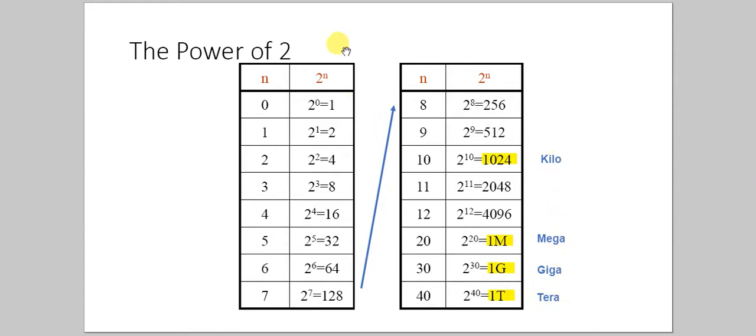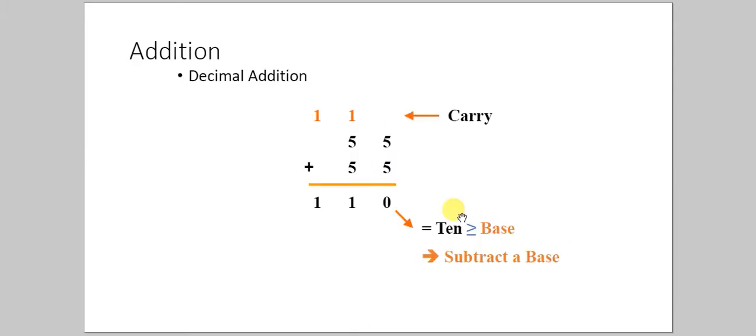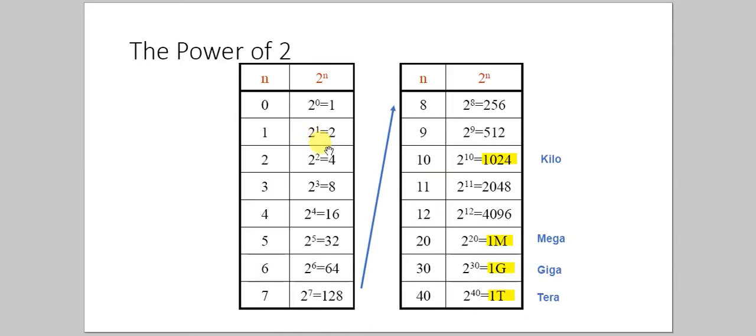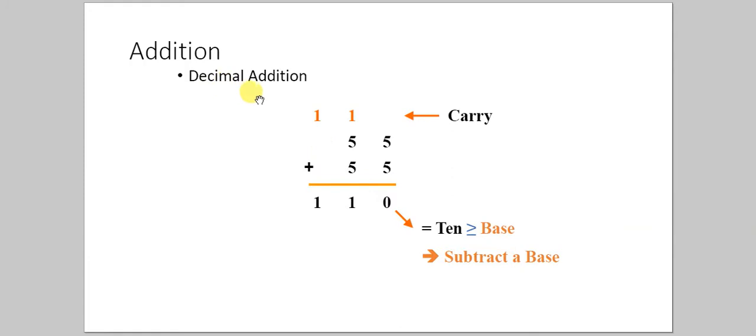These numbers follow 2 raised to the power n for the respective number. We have n from 8, 9, 10 up to 40. Up till now we have terabyte storages, so 2 raised to the power 40 means 1 terabit, sorry.